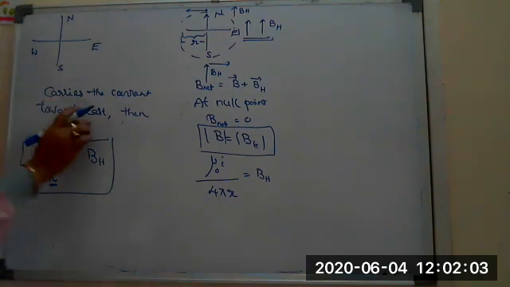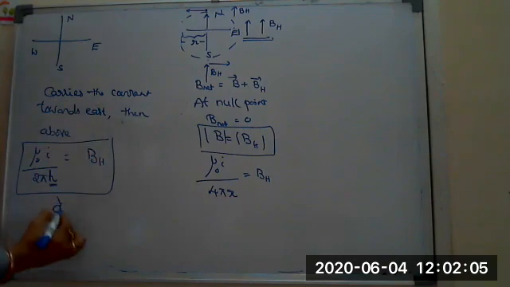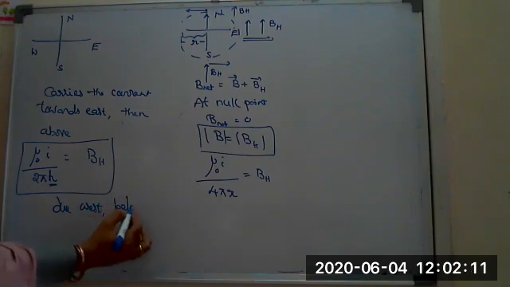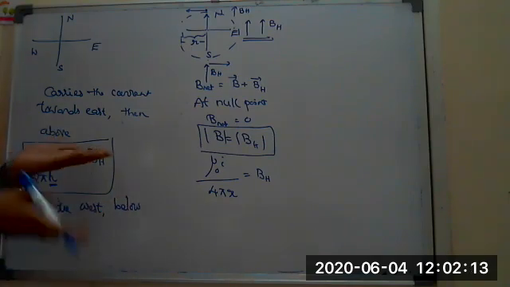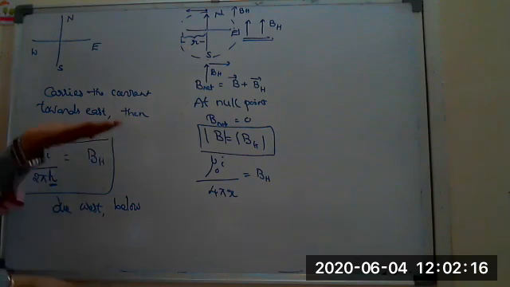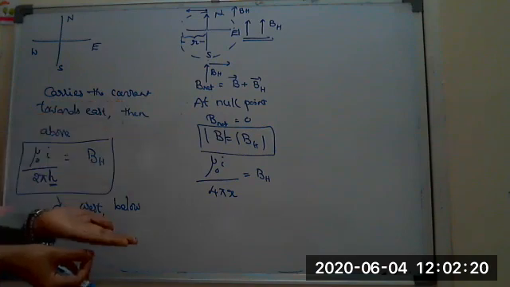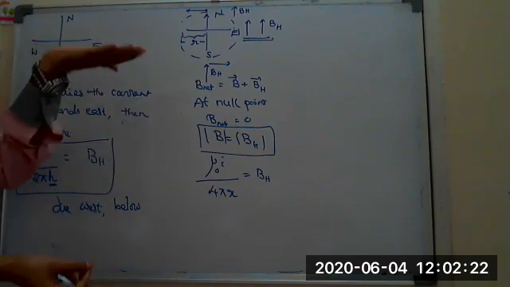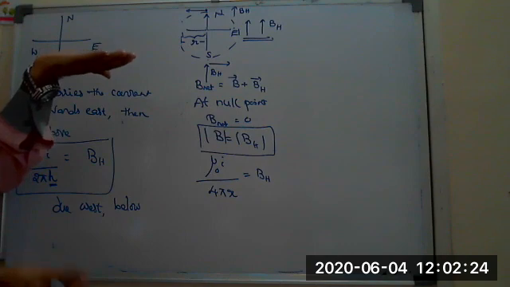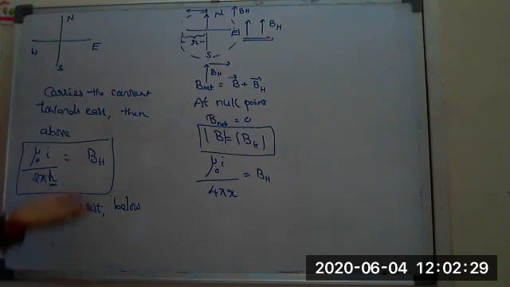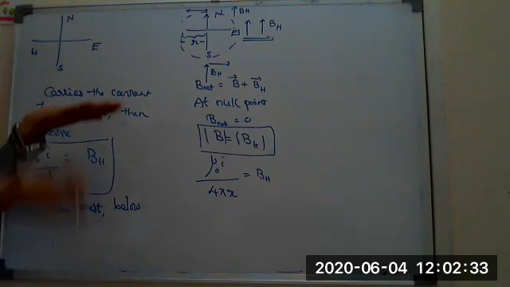If it carries the current due west, towards west, then you can say the null point is formed below the conductor, and you will get the null point even on the surface of Earth. Then if they ask at what height the current carrying conductor should be placed to get a null point on the surface of Earth, and in what direction the current should flow, he is asking below the conductor.